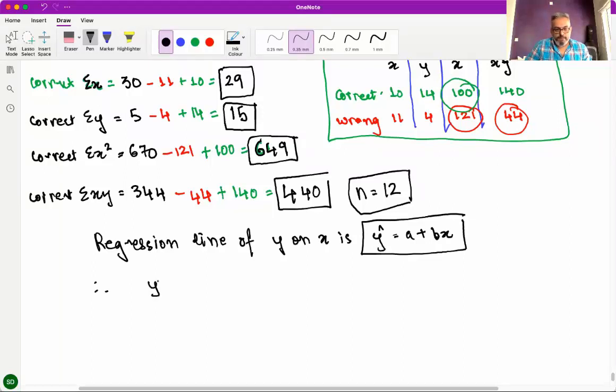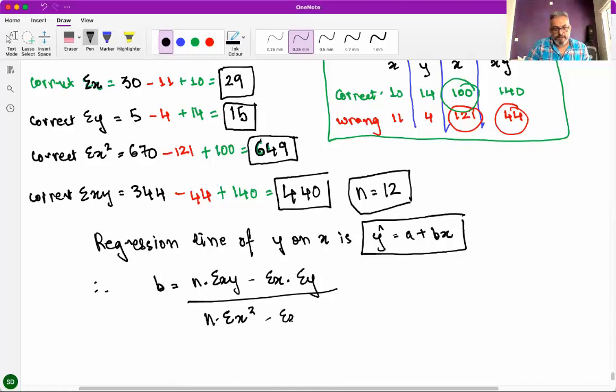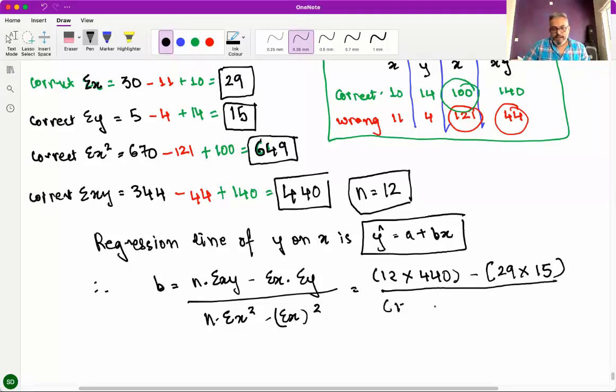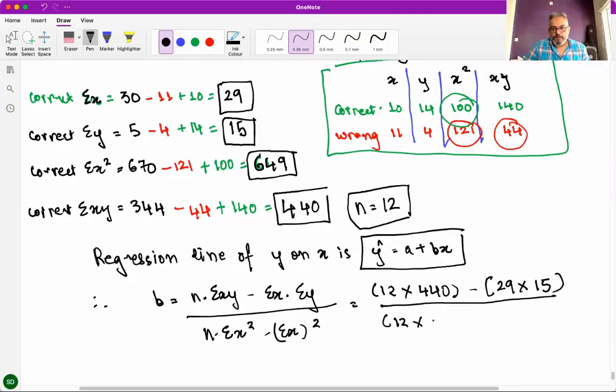Therefore b is equal to n sigma xy minus sigma x into sigma y upon n sigma x square minus sigma x the whole square, which is equal to 12 into correct sigma xy is 440 minus sigma x is 29 into sigma y is 15 upon 12 into sigma x square, which is 649 minus sigma x, that is 29 the whole square.